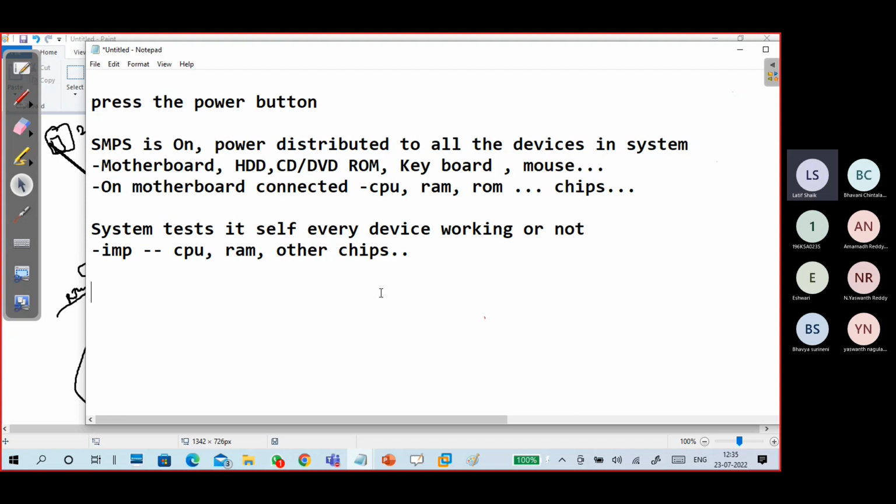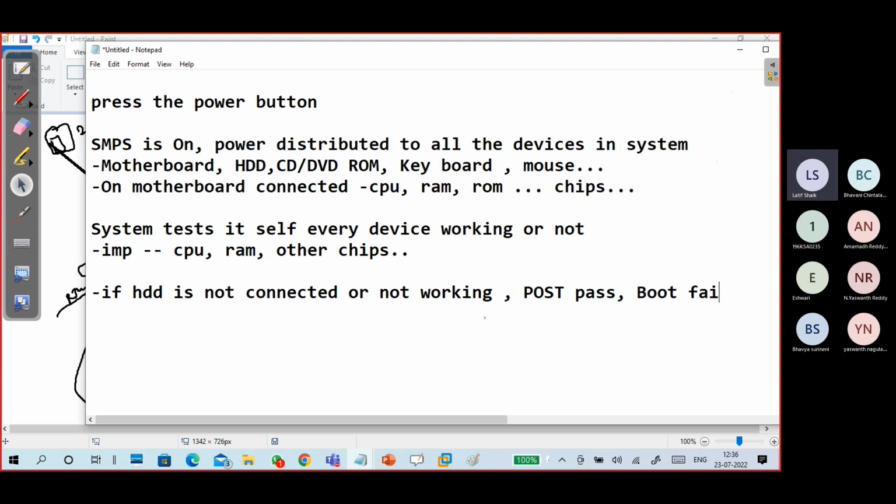Okay, post is successful. Understand? If in case not important things like if hard disk is not connected or not working, post pass, boot failed.